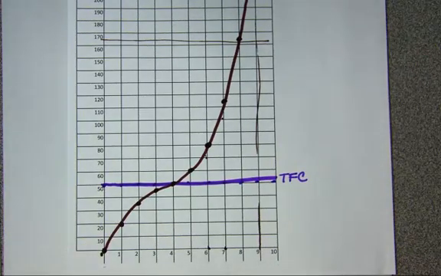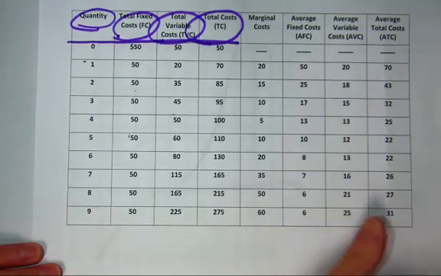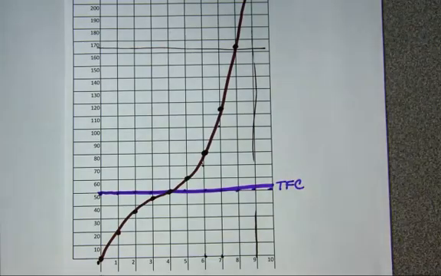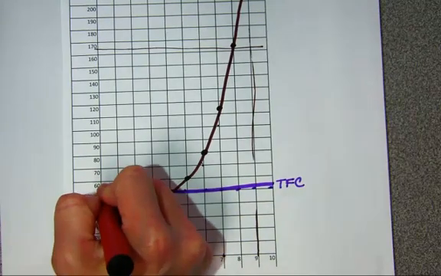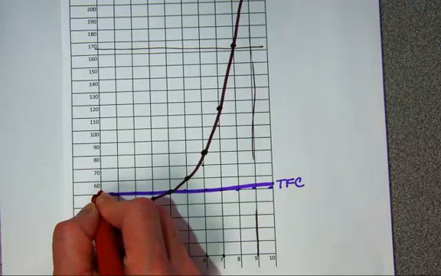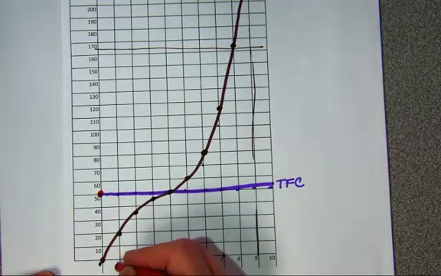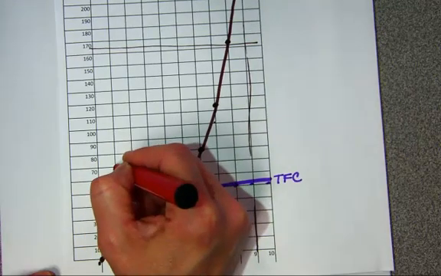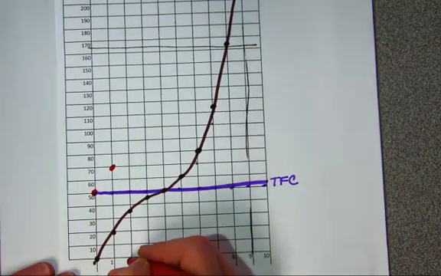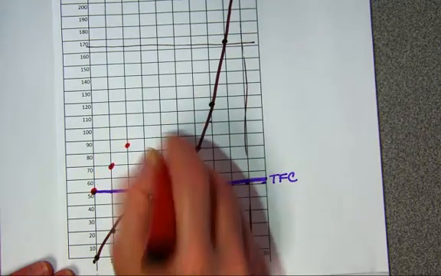Now the next one on this particular graph is the total cost column. So we're going to look at our total costs, and we're going to add that to the graph as well. When we produce 0 units, we do have some costs, and those are those fixed costs. So at a quantity of 0, total costs, fixed costs plus variable, equals 50. When 1 unit is produced, our total costs increase to 70. When 2 units are produced, our total costs increase to 85.